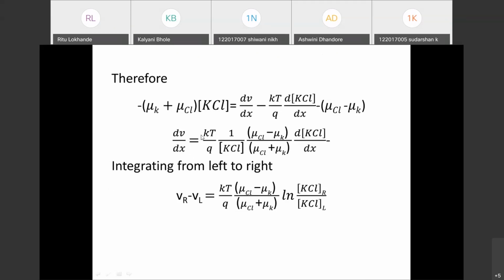After equating we get this. Again, if we integrate it from left to right, it becomes Vr minus Vl. After integrating and simplifying, this is the equation that you get.